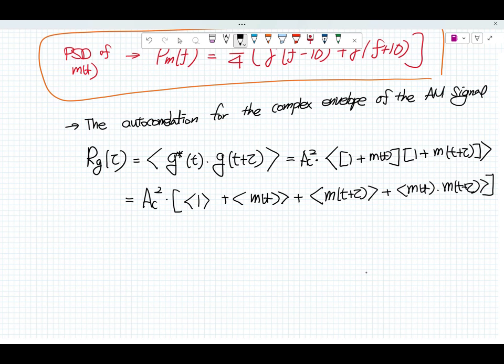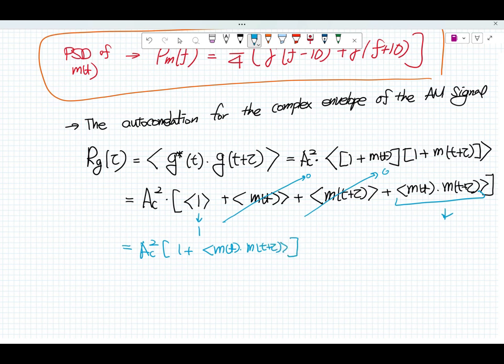Let's say the mean of m of t goes to 0, as we learned before in class, and the cross terms with m of t plus tau have no autocorrelation and go to 0. But the 1 stays here. So finally, A sub c squared times 1 plus m of t m of t plus tau.